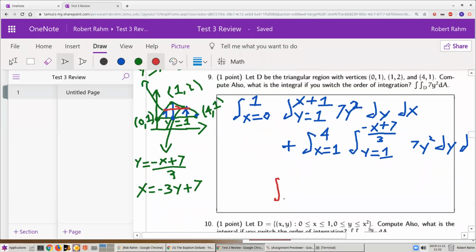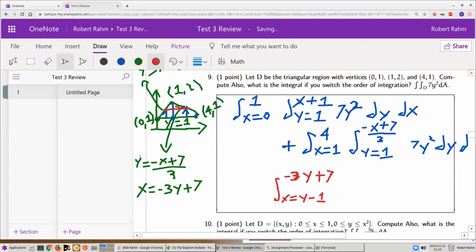So the bottom limit is going to be x is equal to y minus 1, because if y is equal to x plus 1, then x is equal to y minus 1. And the rightmost limit is going to be minus 3y plus 7.